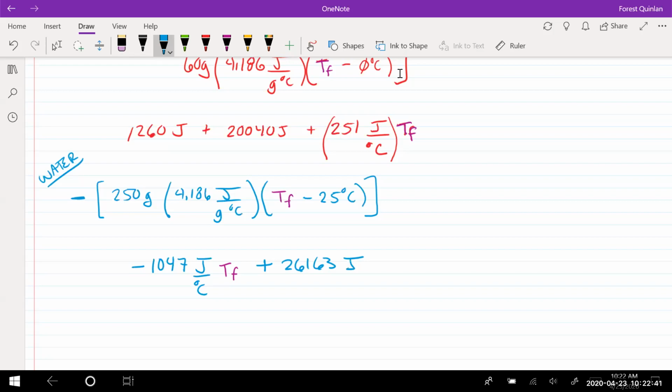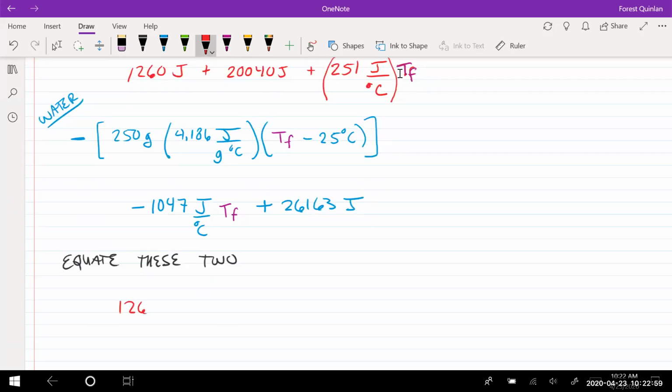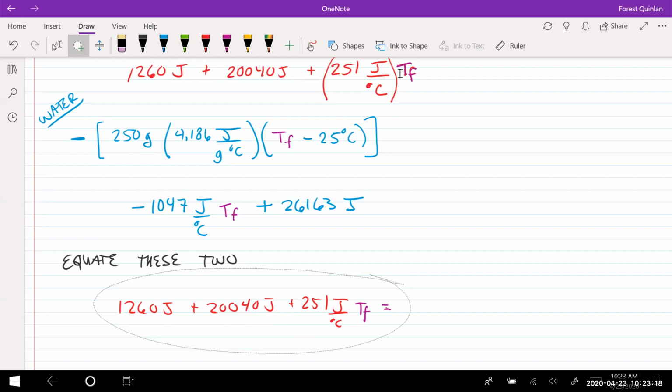Okay, so now we just have to equate these two. So I have my 1260 joules plus 20040 joules plus this 251 joules per degree Celsius times my final temperature is equal to, I'm actually going to move that over here.